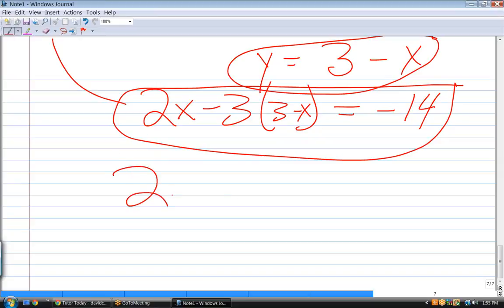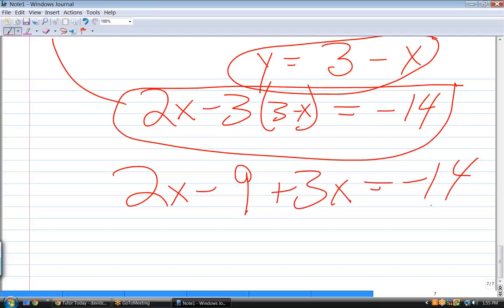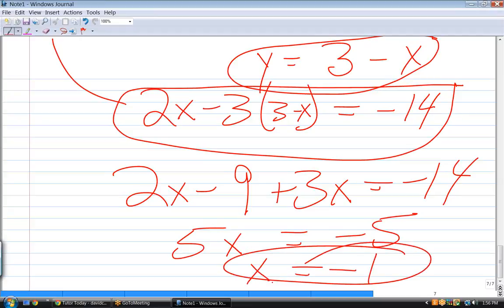For me to solve this, distribute the 3. Combine the x's. Move the 9 to the other side. Again, I get x equal minus 1. Same answer.